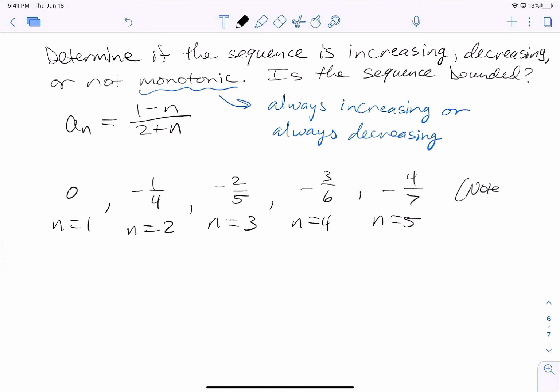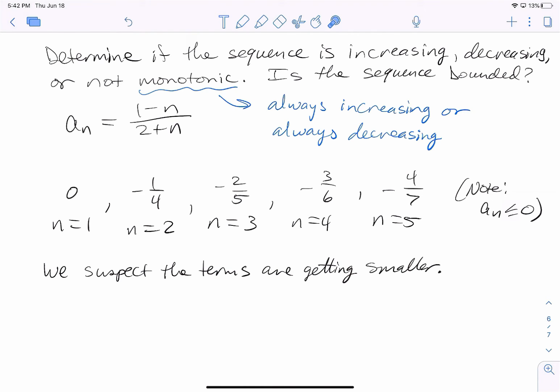I'm also going to make a note here that a sub n is less than or equal to 0. Now, as it looks like these terms are getting more negative, we suspect that these terms are getting smaller. In other words, I suspect that the sequence is monotonic decreasing.